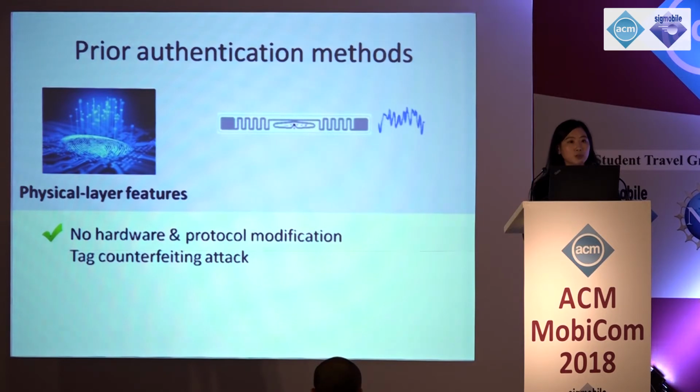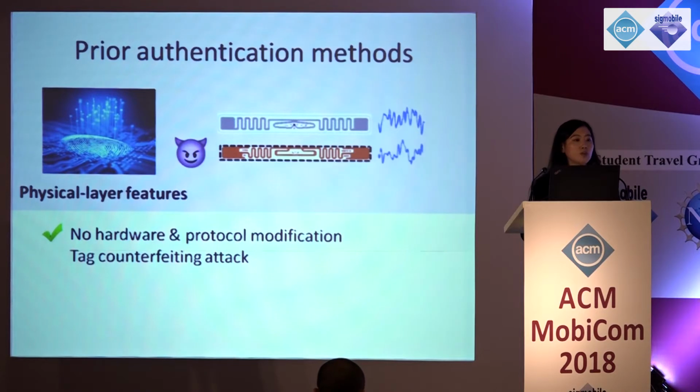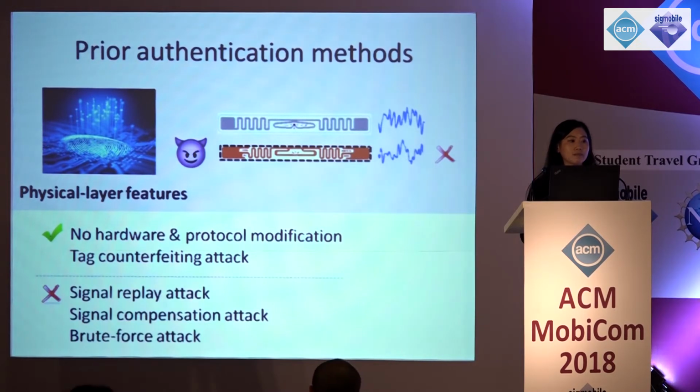Due to manufacturing imperfections, different tags have distinguishable differences in their physical layer features. So an attacker cannot use a randomly selected counterfeit tag to play as a legitimate one, because its physical layer features are highly probably different from the legitimate tag's.